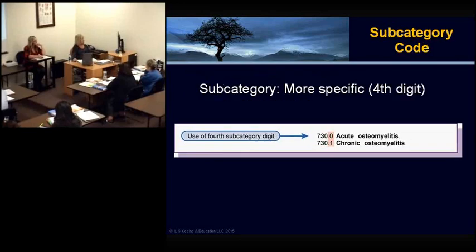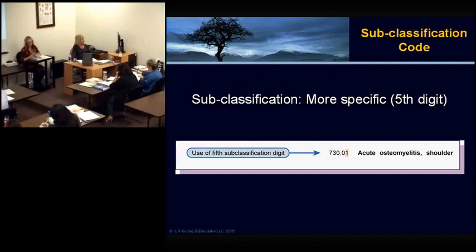All right, then the subcategory under osteomyelitis would be 730.0, acute osteomyelitis, and 730.1, chronic osteomyelitis. And then your subclassification. So if you look at 730, it's got a red dot. If you look at 730.0, it has a red dot, which means you can't use that code without using an additional digit.